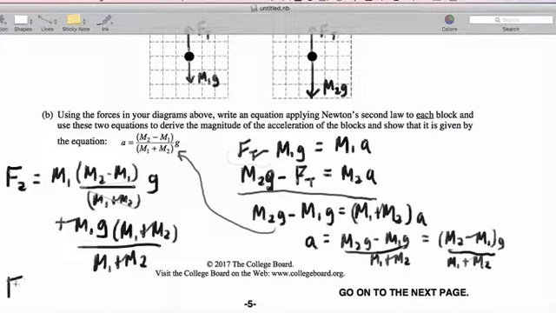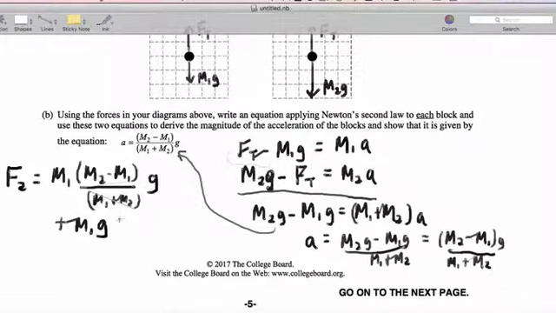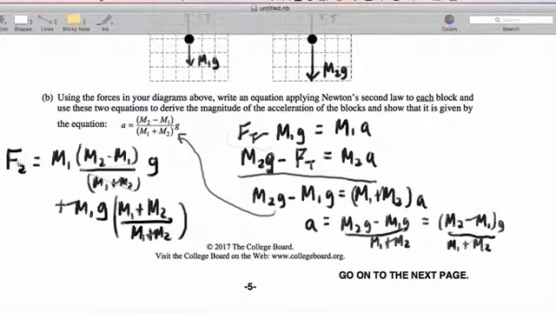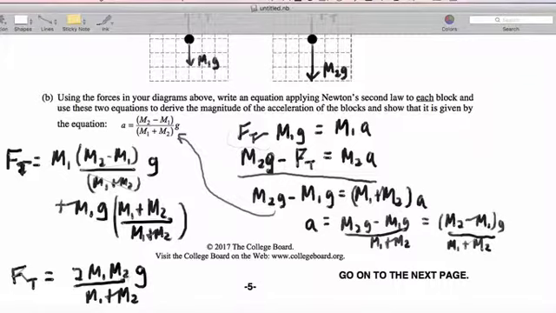So when I simplify this tension, what I'm going to get, well, that was gross. So M1 plus M2 over M1 plus M2, just writing it as 1 over 1. And then when we simplify this, we're going to get our tension equal to 2 M1 M2 over M1 plus M2 times g when we simplify.